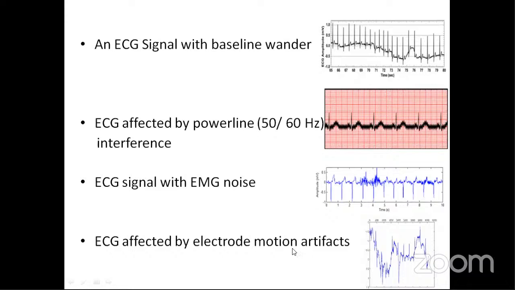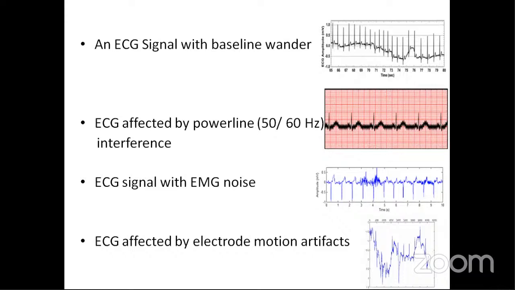And this is the ECG affected by electrode motion. It is having drift; it is not coming along a straight original line.